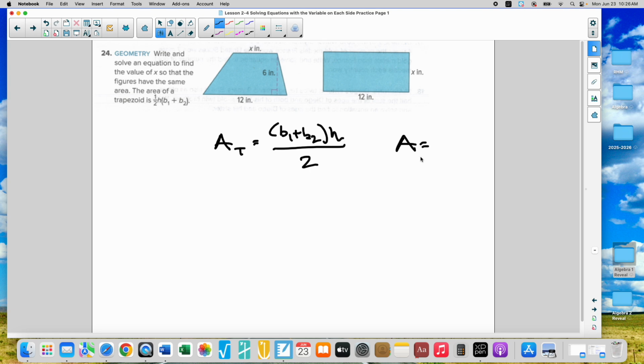The area of a rectangle we already know, length times width. So base 1 is 12 plus base 2 is x, times the height 6, divided by 2, equals 12 times x.